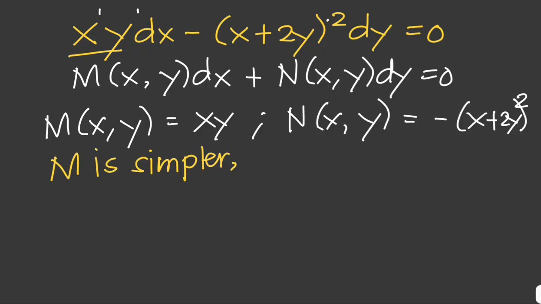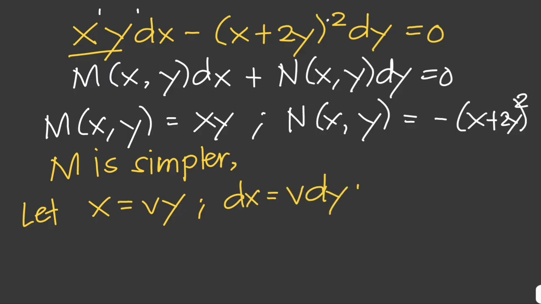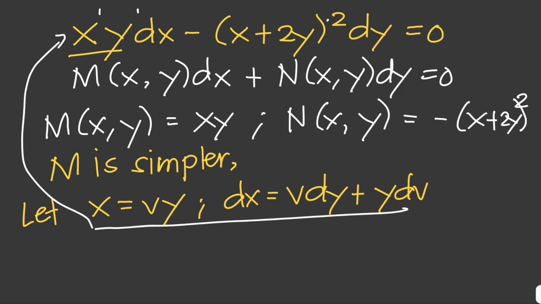Now since M is simpler, then we use x equals vy. So we let x equals vy, where dx is just equal to v dy plus y dv. And then we substitute these values to the original or the given differential equation.